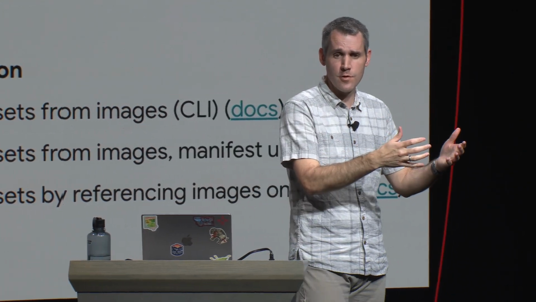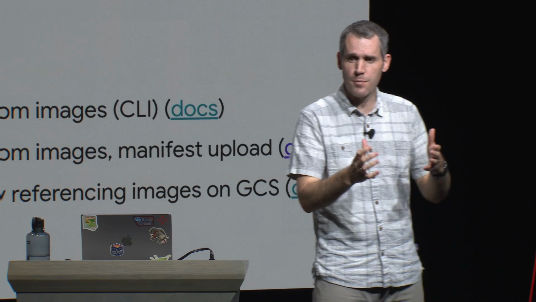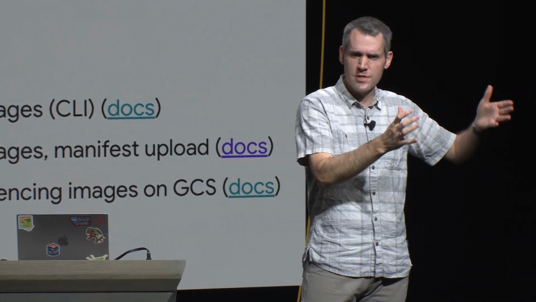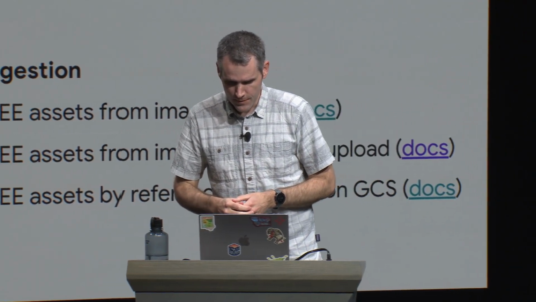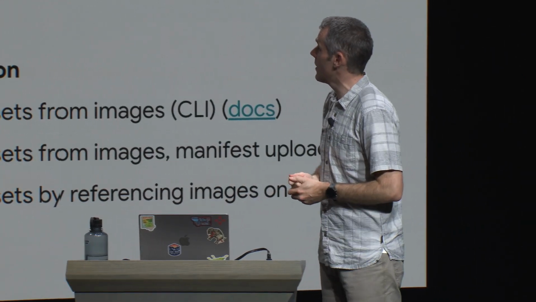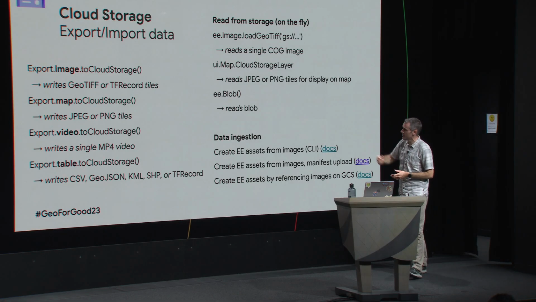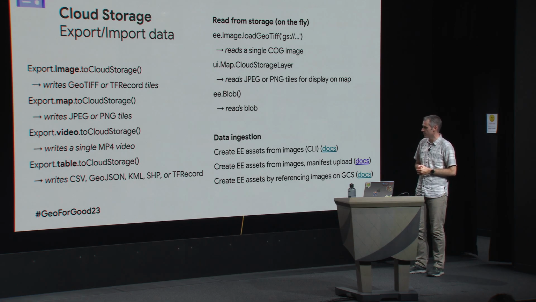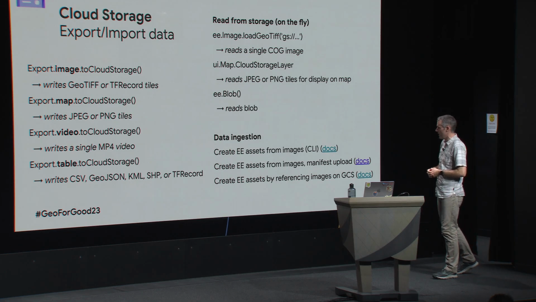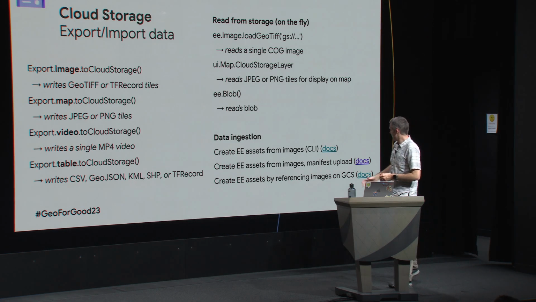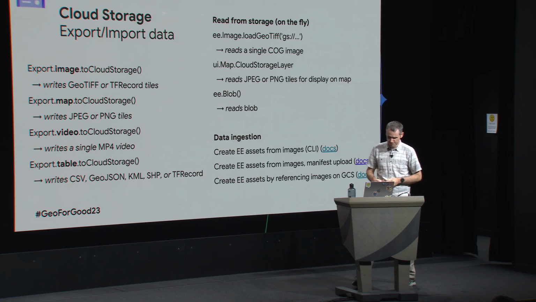That workflow may be useful when you need to leave those images in cloud storage because they're part of some other process, or you're using them in some other framework or operation, and you can't just have them in Earth Engine alone. You can also read map tiles from cloud storage, and you can also read very simple blobs from cloud storage. I already talked about some of the data ingestion. If you go to the presentation, the agenda, there are links for all these docs, and you can get familiar with them.